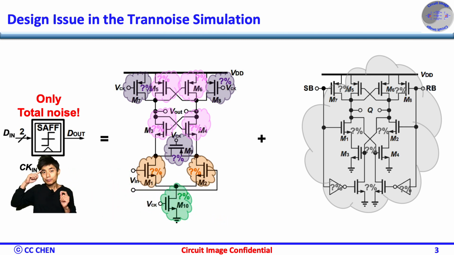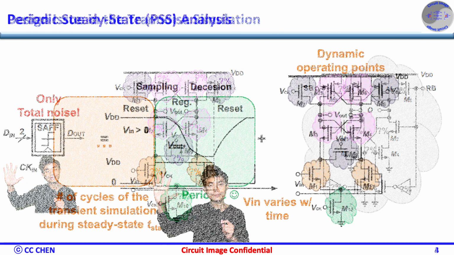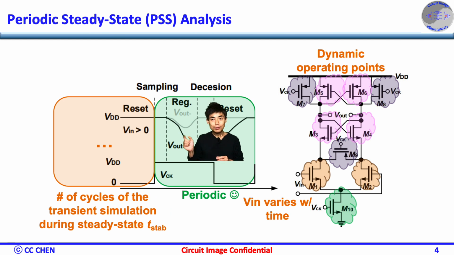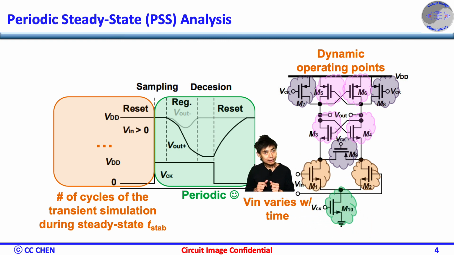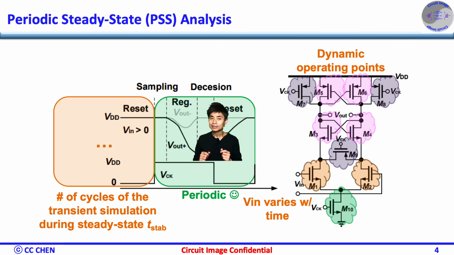Think about the periodic aspect for 5 seconds. Right, the most time consuming part of the transient simulation is the sampling clock, which has periodic properties. Then we don't really need to run the whole time domain transient simulation for the sampling circuit, including the clock.